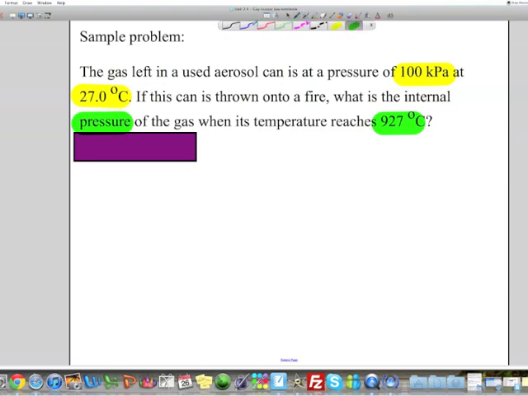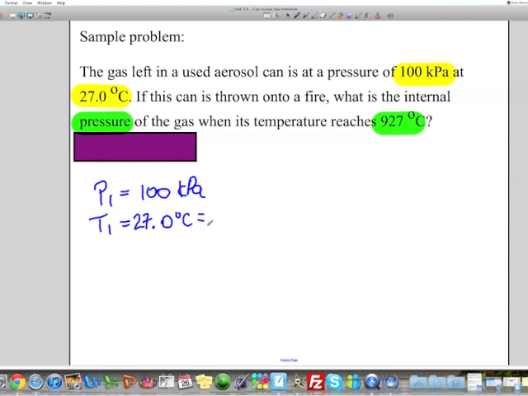So if I start listing my info, I will have P1 is 100 kilopascal. T1 is 27.0 degrees Celsius, which means that this becomes 300.0 Kelvin, right?